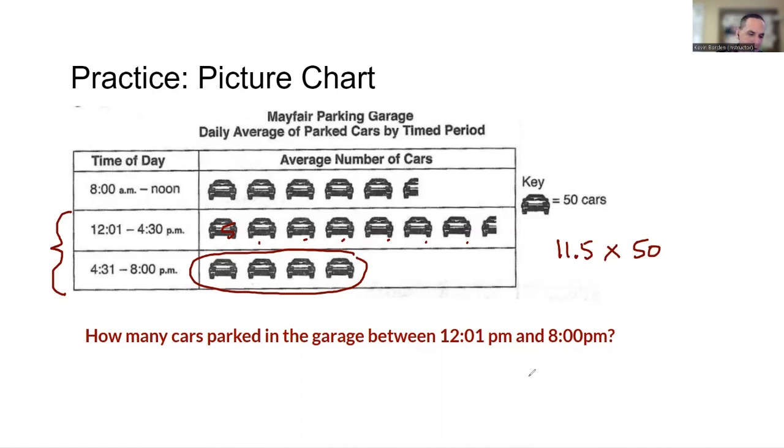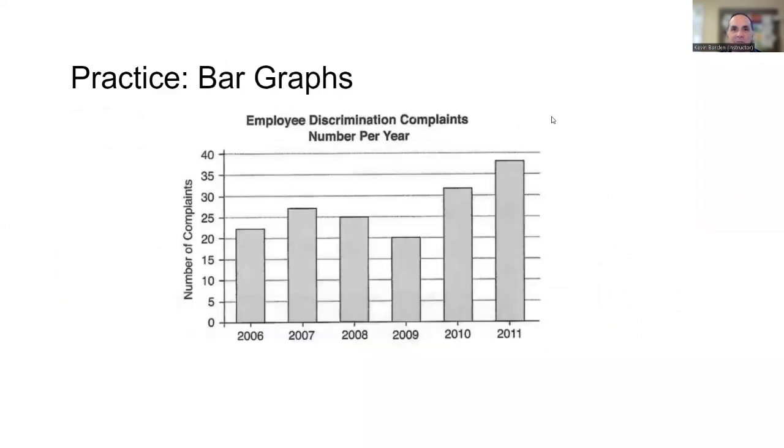So 11 and a half times 50. I'm just realizing that for the first time, I believe, I did not give you an opportunity to pause the video. I apologize for that. I was worried about that, but so 575 cars there.